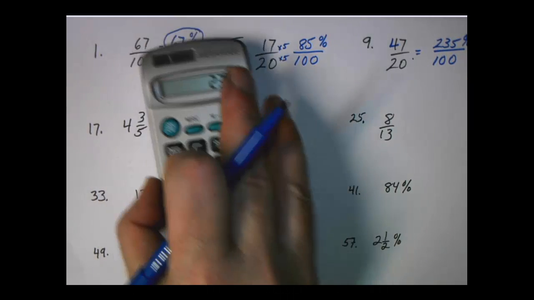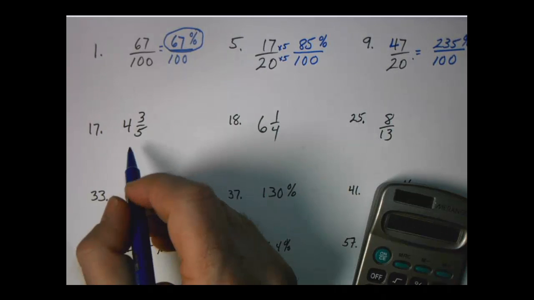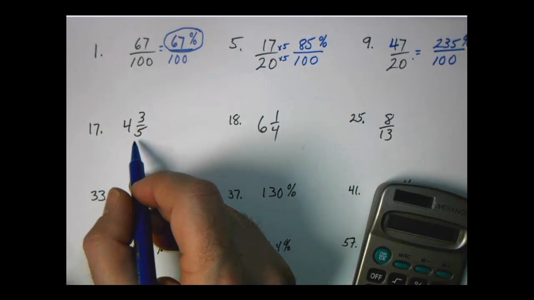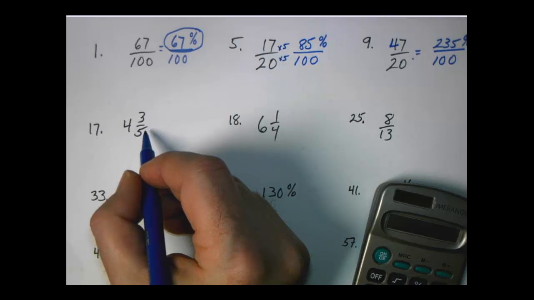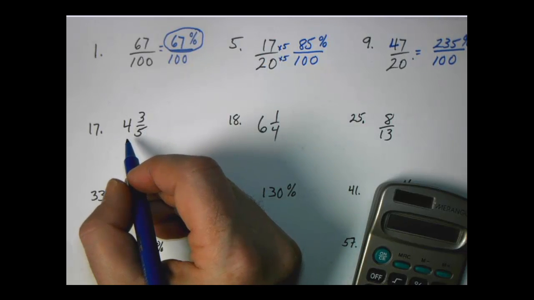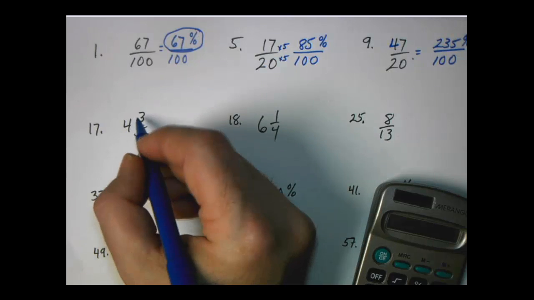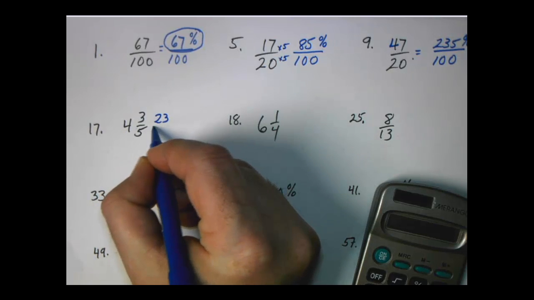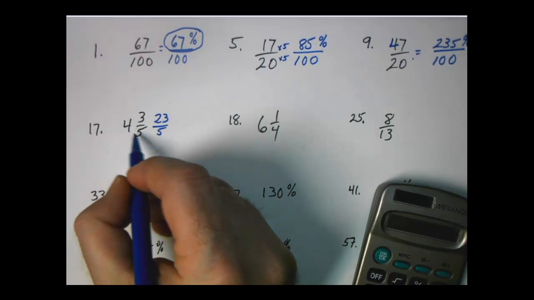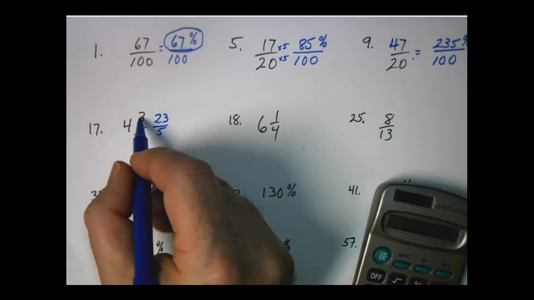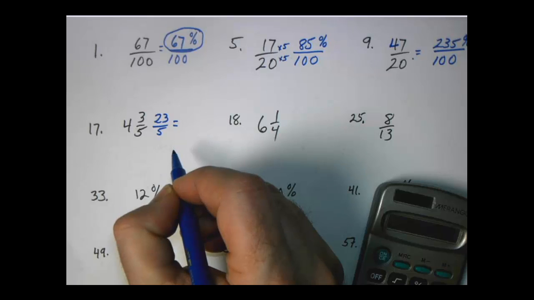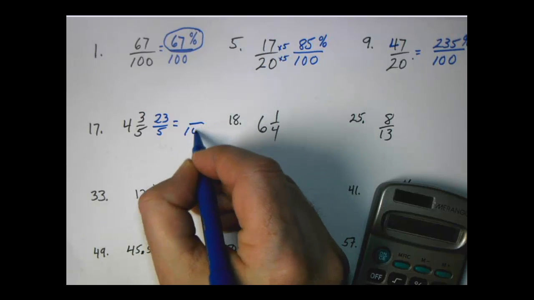Okay. What if it's a mixed number? Well, we have to again put it in fraction form. So let's make it an improper fraction. So 4 times 5 is going to give us 20, plus 3 gives us 23 fifths. Remember, we have 4 groups of 5 plus the remainder to make it an improper fraction. But then the rules aren't going to change any.